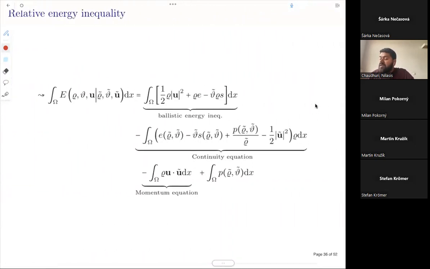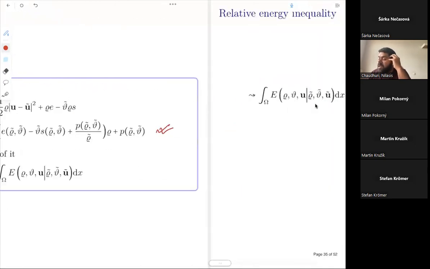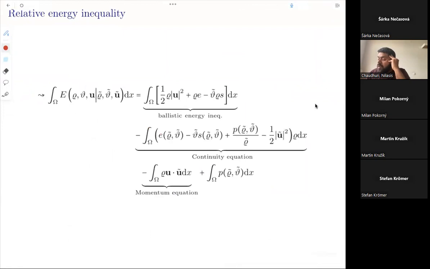Now, from this integral expression, if we just expand, we see that it is related to the ballistic energy inequality, because it holds for almost every time. For the time being, we assume only that rho tilde, theta tilde, u tilde are some smooth functions, and later we will choose them to be the strong solution.